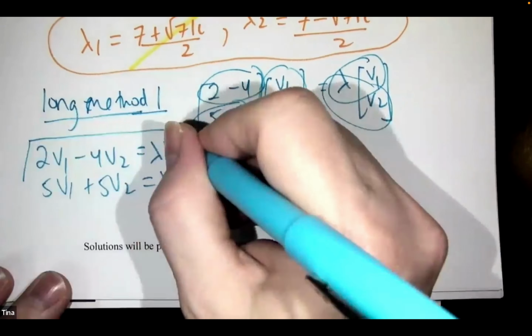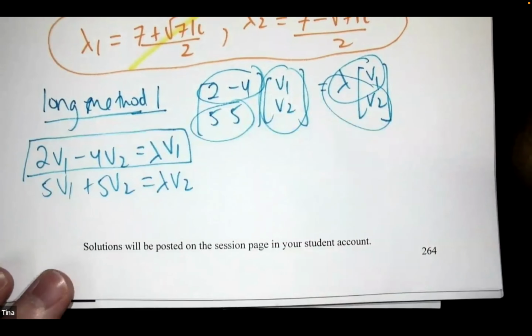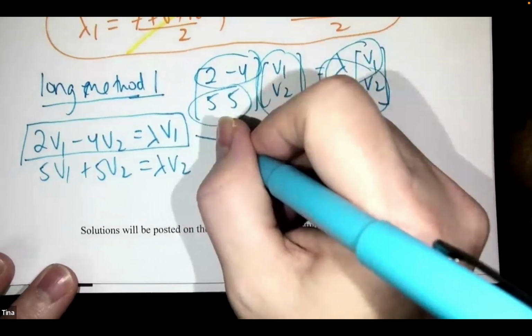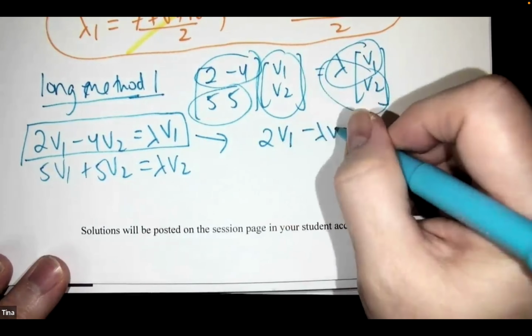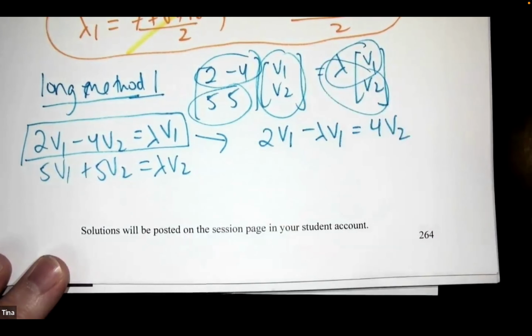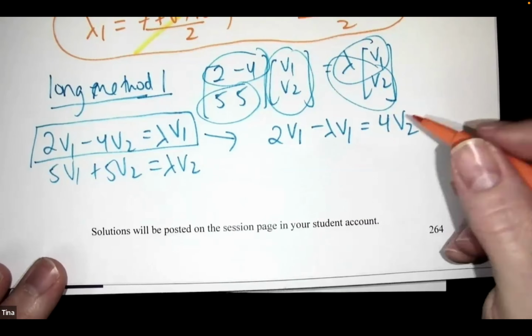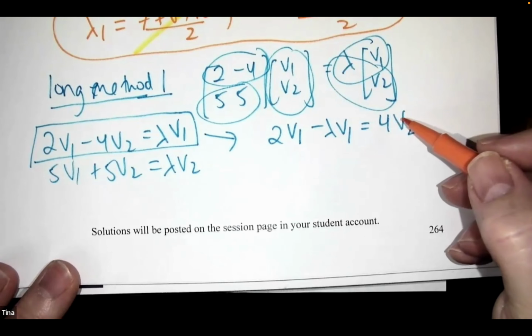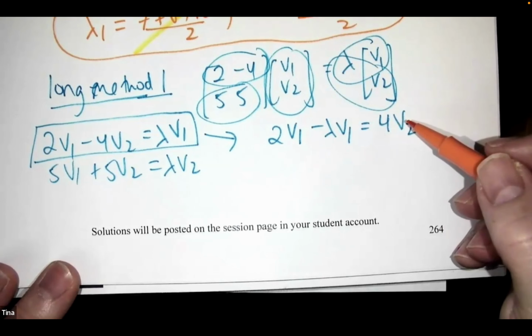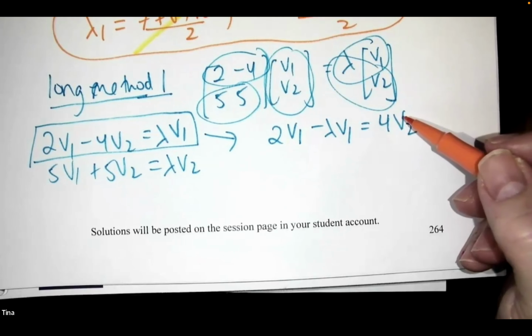So if you just look at this one, you would have 2v1 minus lambda v1 equals 4v2. And if we solve for v2 here, let's see.